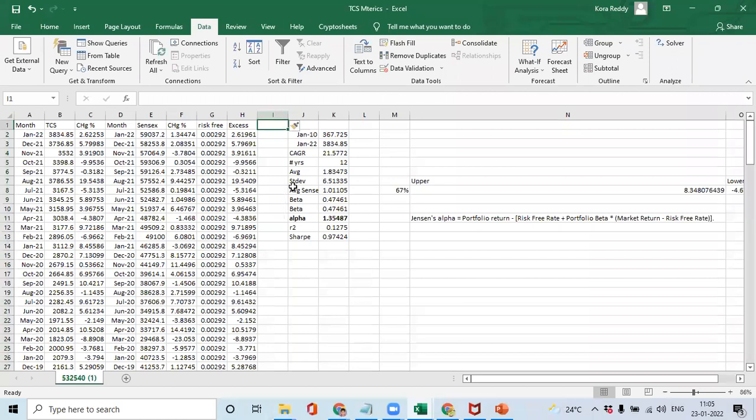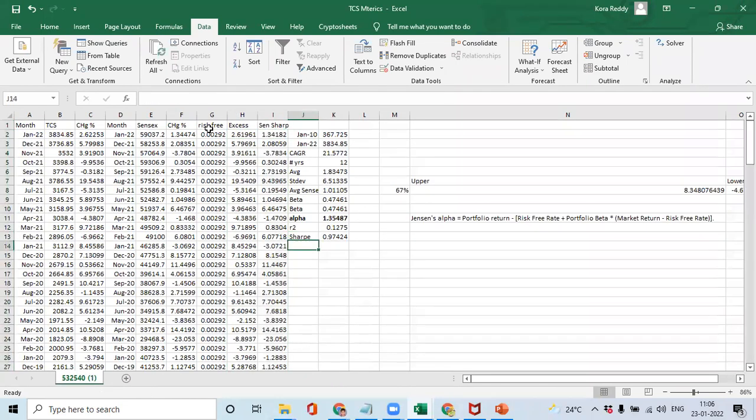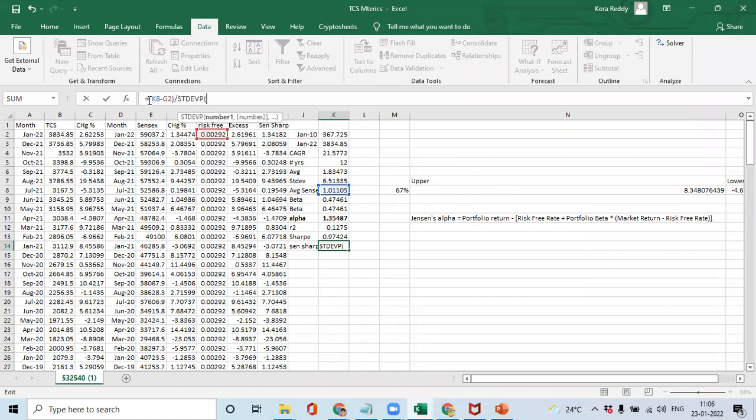So this is Sensex Sharpe: Sensex average minus risk-free rate, divided by the Sensex standard deviation, into square root of 12.